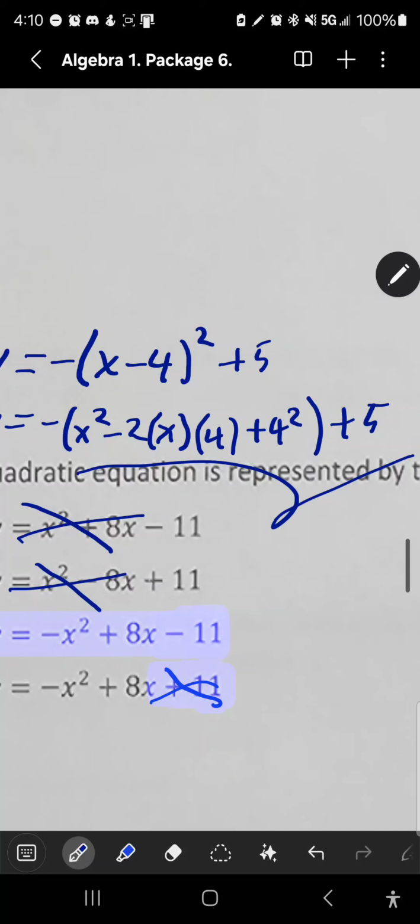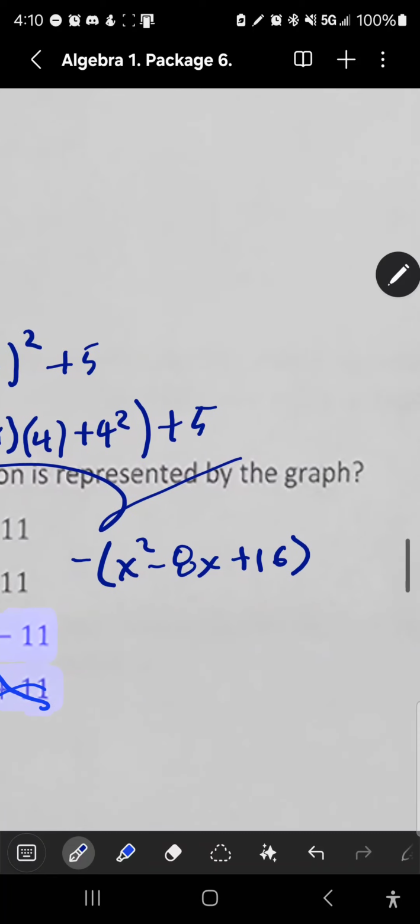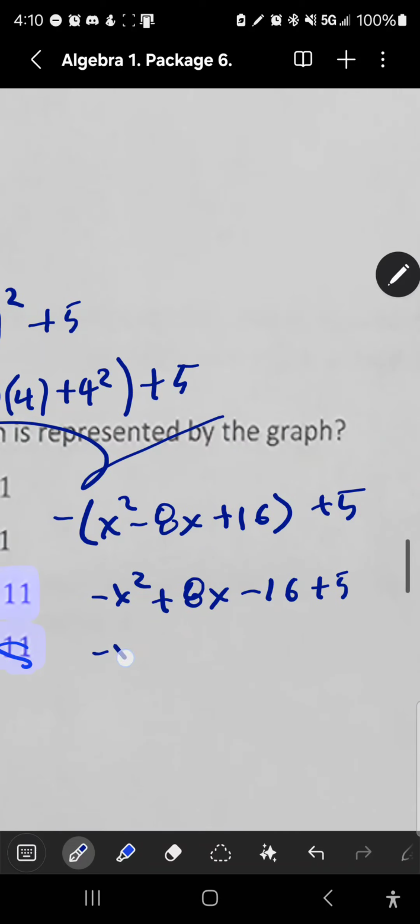And that translates to negative (x squared minus, okay, 2 times 4 is 8, so 8x, plus 4 squared is 16) and all that plus 5. Now I have the negative sign, so there will be negative x squared, negative and negative is positive, so plus 8x, negative 16 plus 5, and then negative 16 plus 5 is just negative 11. And that's how you do it mathematically.